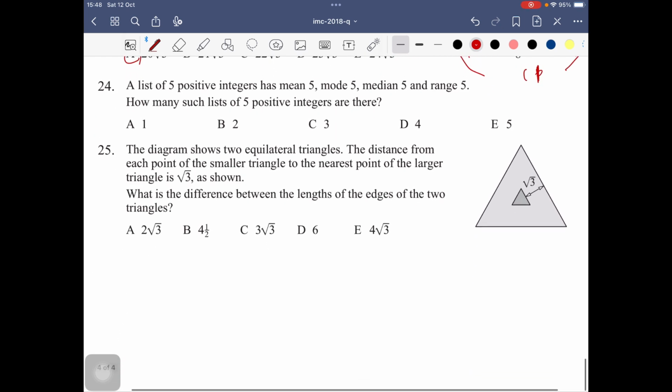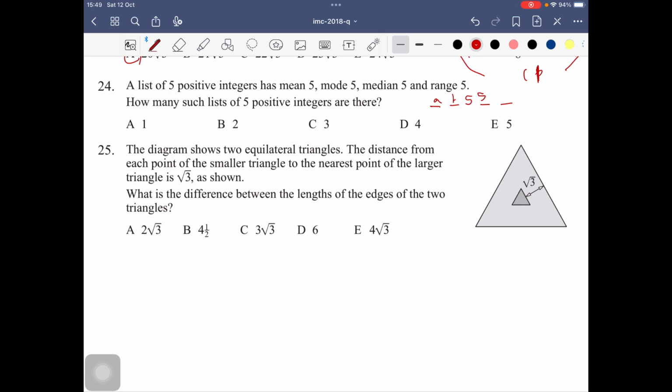A list of 5 positive integers has mean 5, mode 5, median 5, range 5. How many such lists of 5 positive integers are there? So we have 5 in the middle. And let's say two 5s here. And range 5 and mean 5.